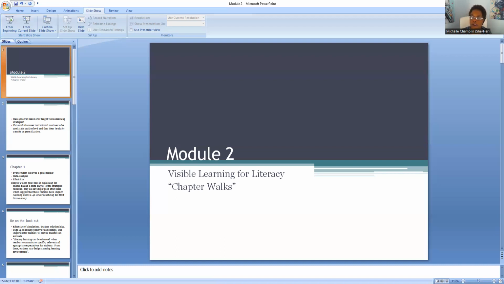So one of the things that is really cool is that there are different strategies. Sometimes we need to work with students at the surface level, because there's certain surface level learning that they need, and then how to be attuned and aware of when we should make switches. So we're trying to get them from surface level to deep level, and then to get that information in a way where they can transfer and make connections, and then generalize that information to all different content areas and all different types of concepts.